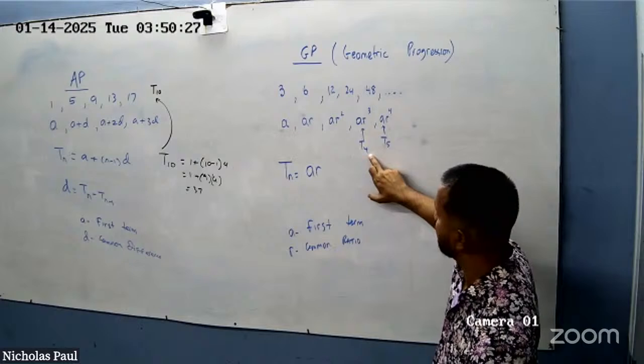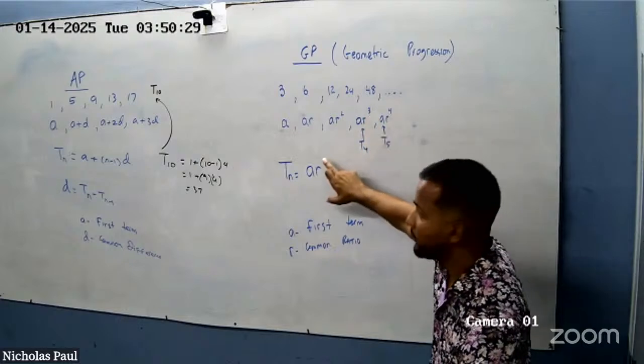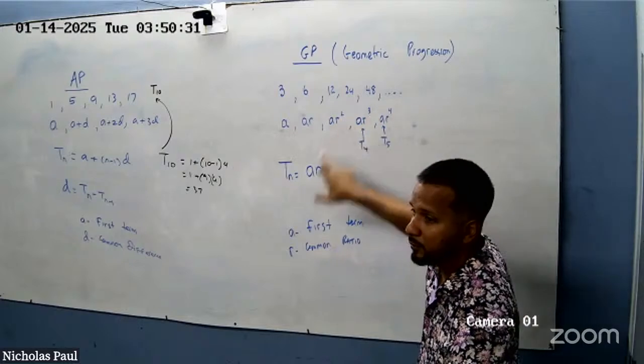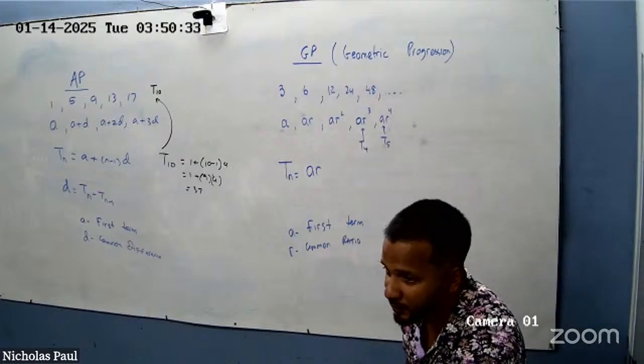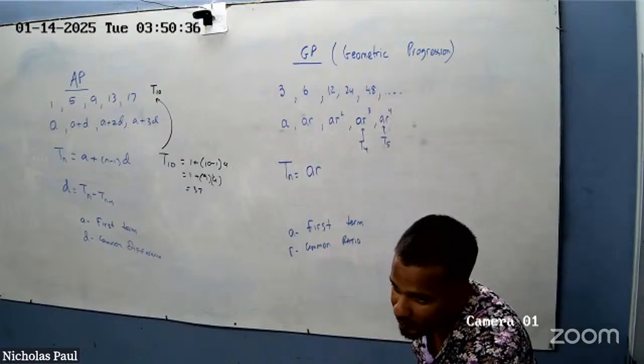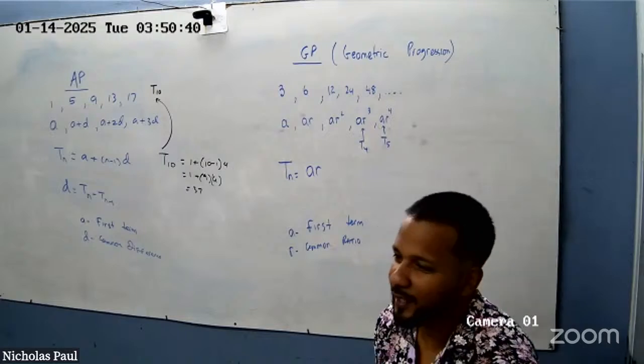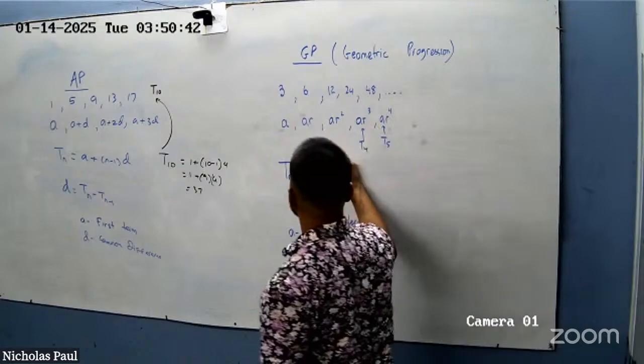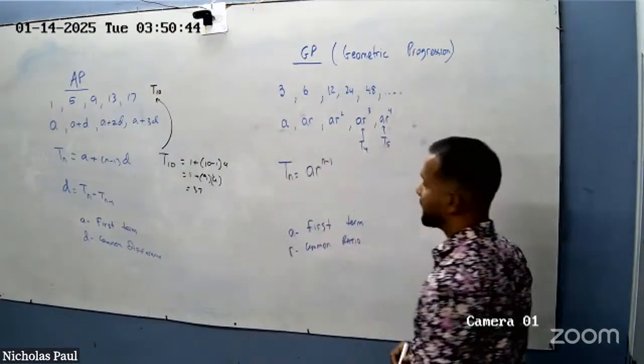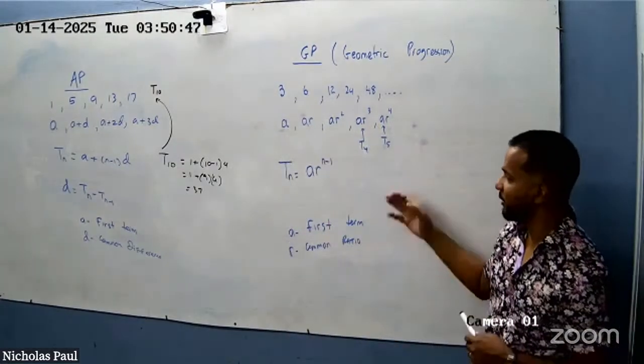The fourth term. The third term was the nth term. So what power? N minus 1. N minus 1. Correct. Okay? That's the general formula.